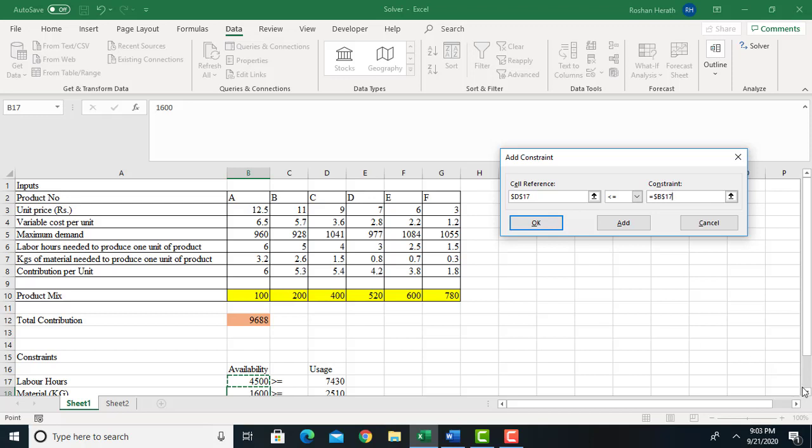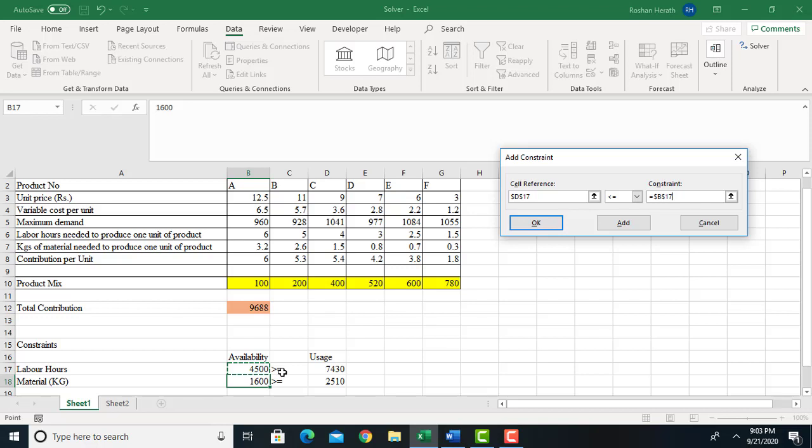Here I must say that this sign does not have any impact on this entire scenario. I have just mentioned this sign to ensure myself that I'm getting this constraint correct. So you need not worry about this particular sign that I have put over here.